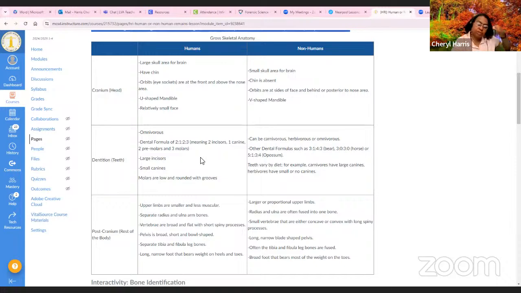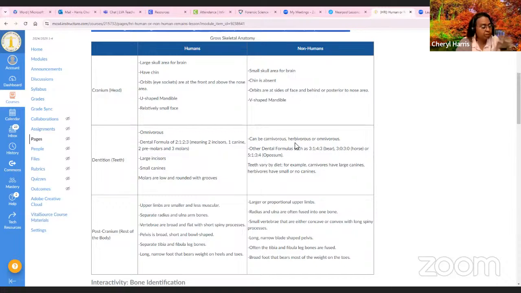I'm sure when you did biology, they talked about teeth structure. You could tell what kind of food an organism eats by the kind of teeth they have. So we have teeth that are designed for certain types of food, but if you were a carnivore, you would have stronger, sharper teeth because you're always tearing at meat.